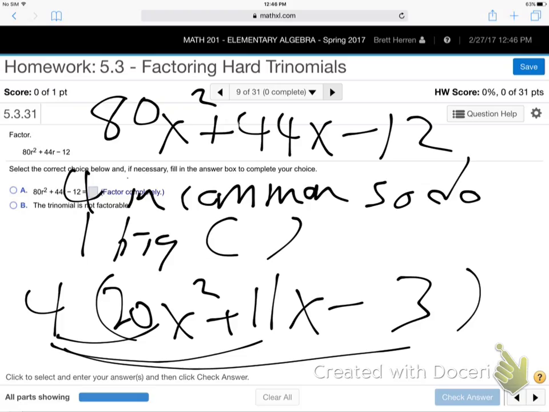Now you got to do the FOIL in the 2 parentheses, huh? So keep going. That 4 is going to still be in the front, but now you got to do the 2 parentheses. Right? Did you take out the 4? 4 goes in 20 times, 11 times.